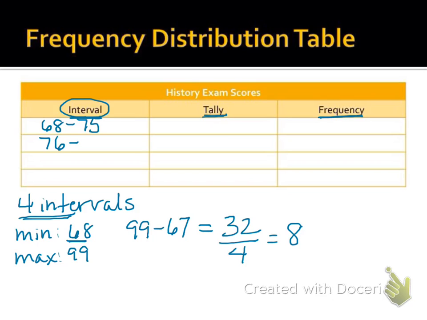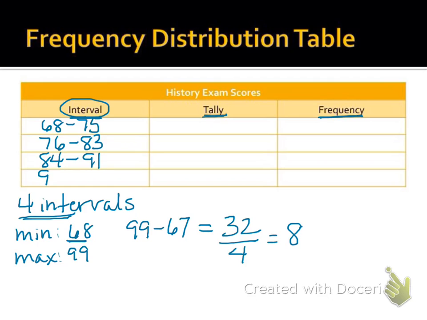And then again, starting with 76 as my first score, I count out 8 more scores. So 76, 77, 78, 79, 80, 81, 82, 83 will be the top end of that interval. Then continuing in the next interval with 84, 85, 86, 87, 88, 89, 90, 91.